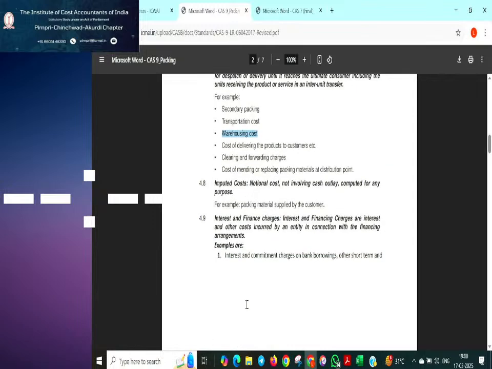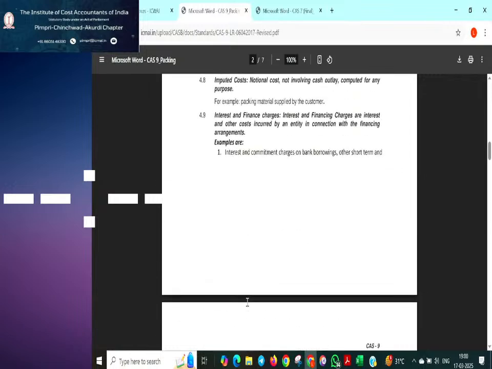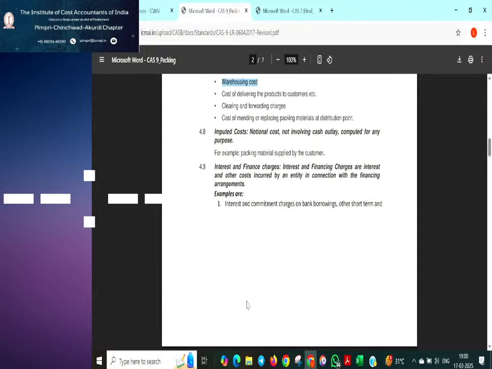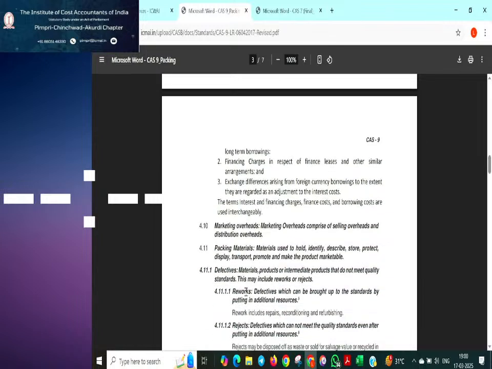Another thing is, when we come to interest and finance charges, there is one thing you have to understand. There are certain things which we take on lease and we pay the charges for that. There are two types of lease: one is operating lease, another one is financing lease. When it comes to operating lease, whatever charges you pay will form part of direct expenses.